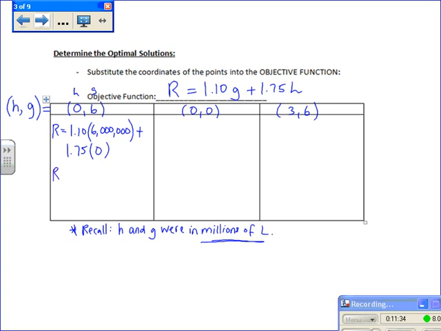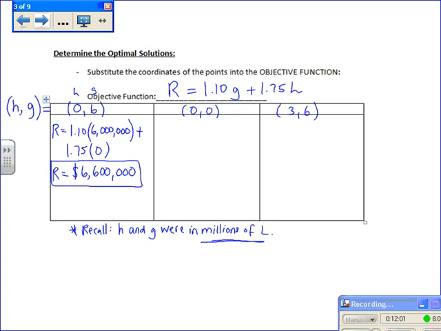So my answer is going to come out to R equal to, if I do the math here, the second, $1.75 times 0 is 0. $1.10 times 6 million is $6,600,000. Okay, there's my answer. So that would be the revenue that I would get if that was the combination of heating oil and gas that I produced.